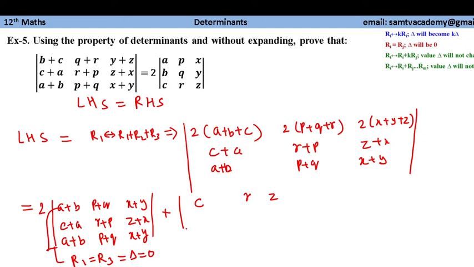C plus A, R plus P, Z plus X, A plus B, P plus Q, and X plus Y. Now this whole determinant has become 0, so it is excluded. Now in another step we will apply the two conditions.